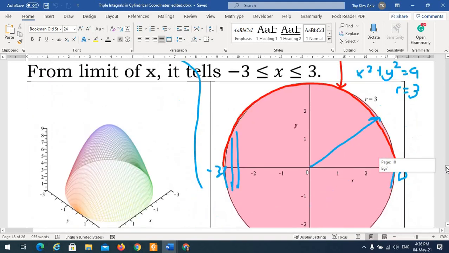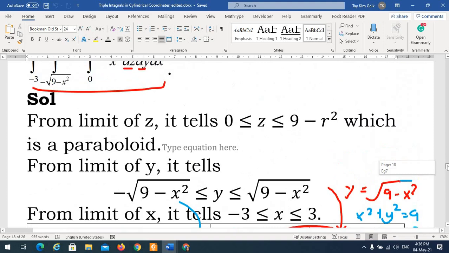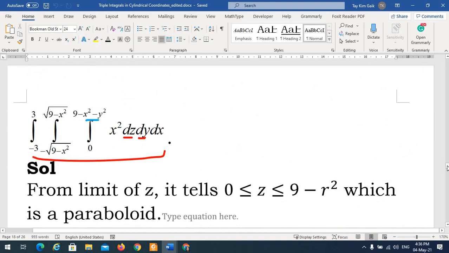Yesterday I said this is the blue color, because when you square it back, you have y equals positive or negative square root of 9 minus x squared. When you square back, it's x squared plus y squared equal to 9. So r is equal to 3.